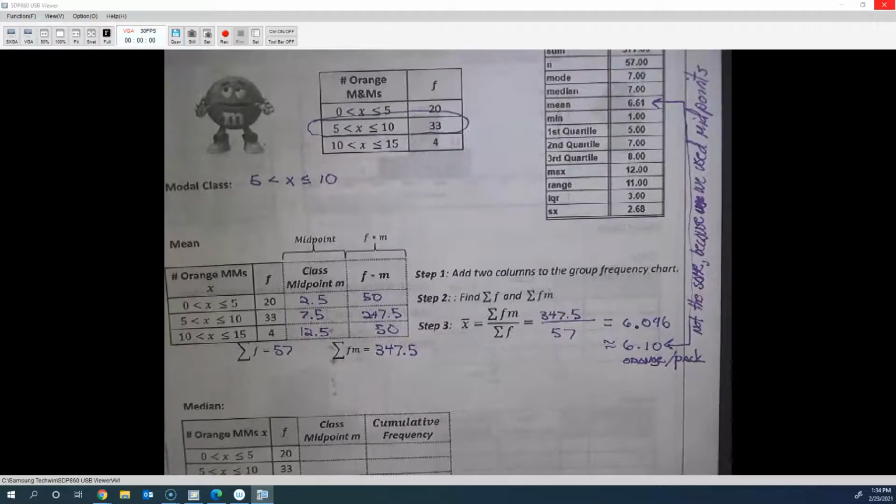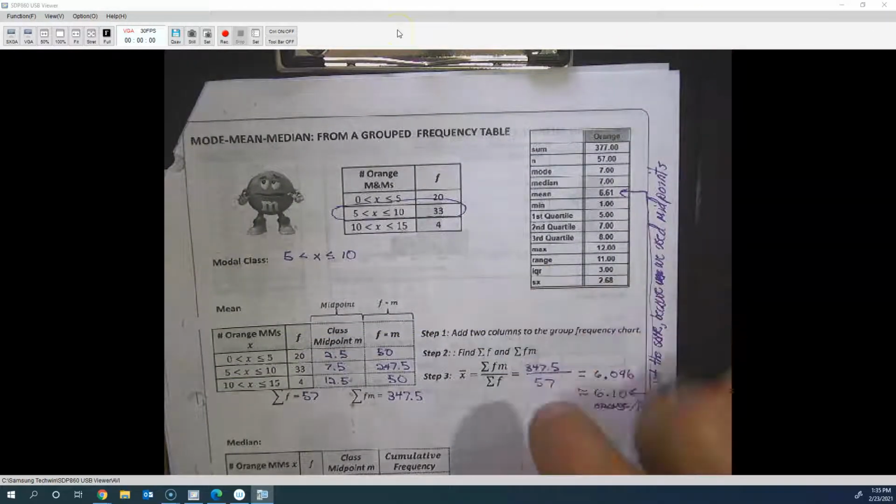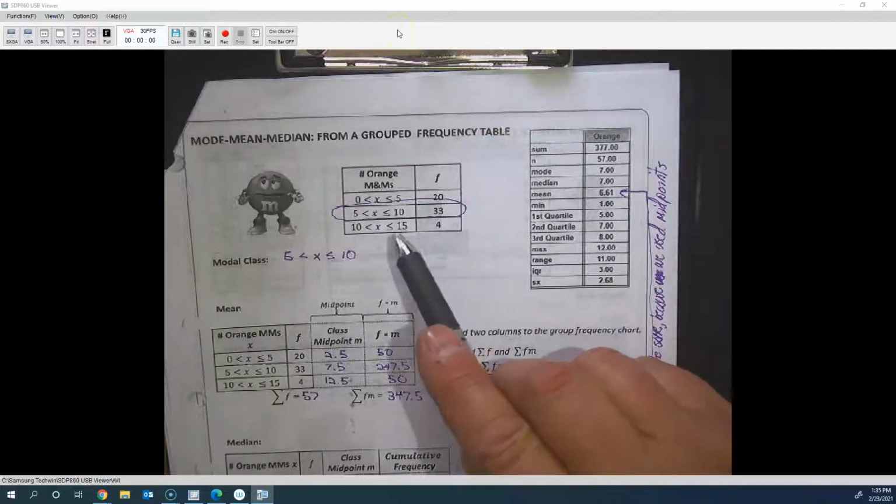You can't get any more accurate because you don't have enough information. You don't know what the individual numbers are. When we made this chart with the spreadsheet, we knew what the individual numbers were. But if we're just taking the data off of a grouped frequency table, we don't.